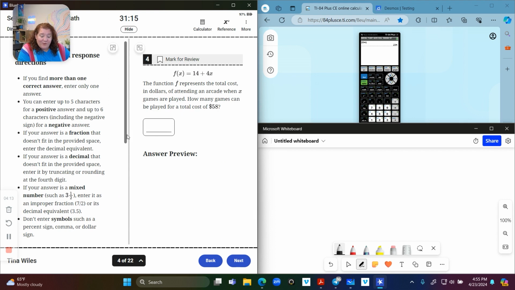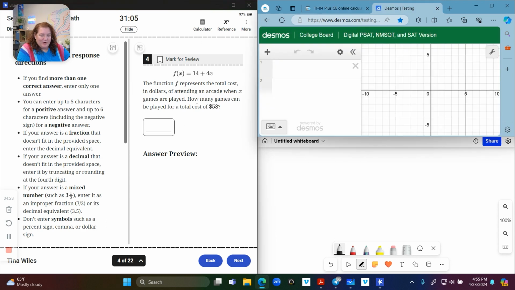And now number 4 is, well, they used to be grid-ins, now they're type-ins, but it's its own open-ended response. Okay, the function f represents the total cost in dollars of attending an arcade when x games are played. If you get lost in word problems, it's best to take notes.